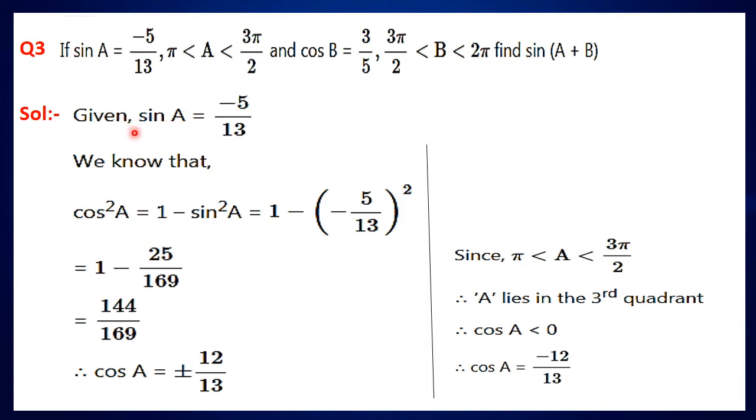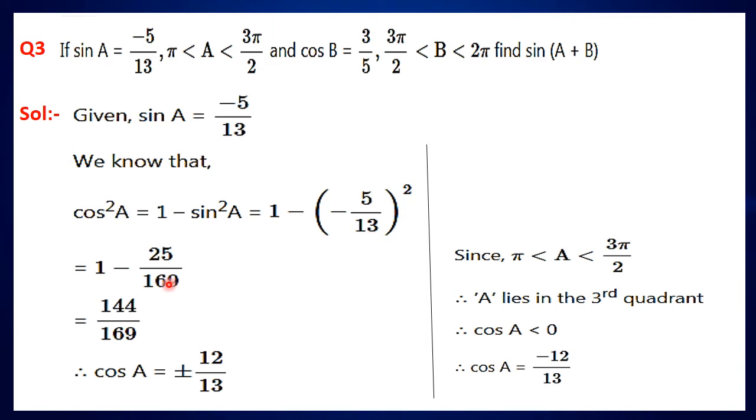So, here sin A is equal to minus 5 upon 13, and we have the identity sin square A plus cos square A is equal to 1. So, cos square A is equal to 1 minus sin square A, which is equal to 1 minus (5 upon 13) the whole square, that is 25 upon 169.